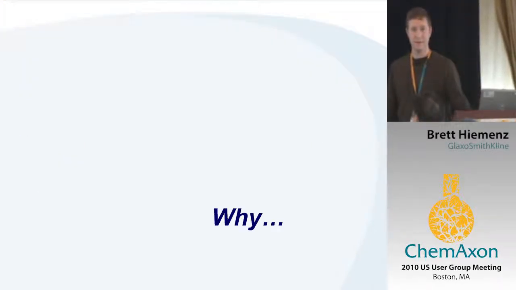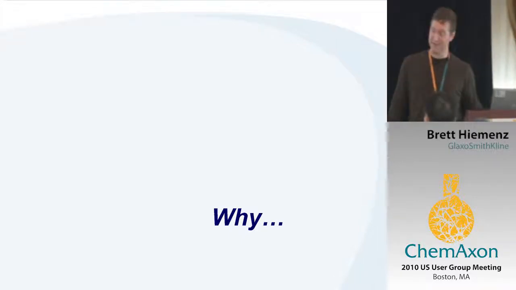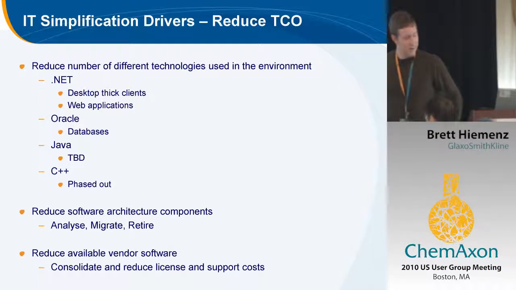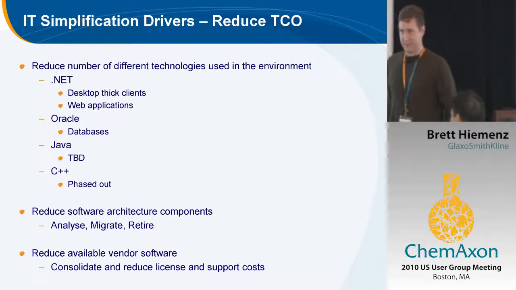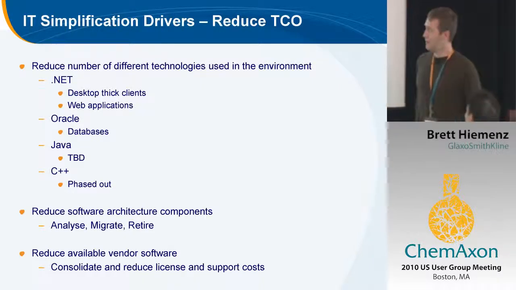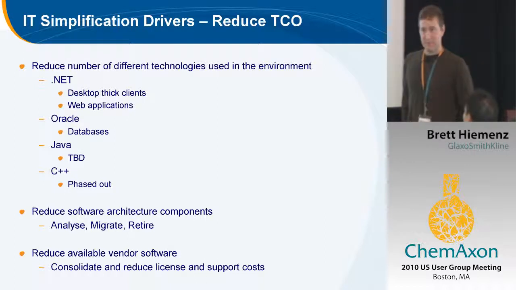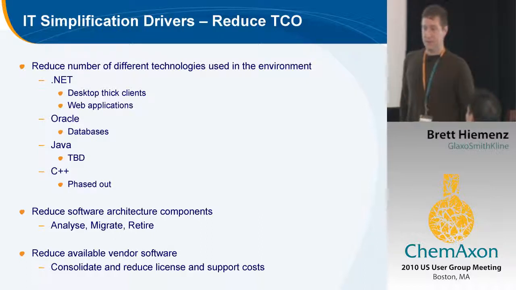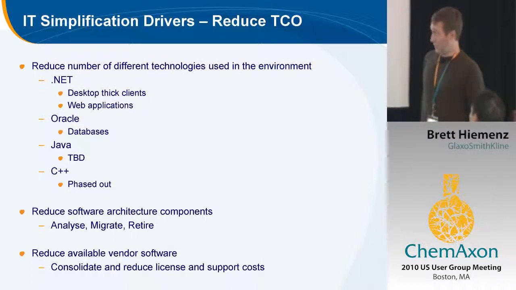As to the why, I think Jonathan's already sort of hinted at that. In GSK, we've got pretty much every technology under the sun represented somewhere in the company, and just about every computer language. This is great for diversity and great for exploring new ideas, but it's really difficult to support.